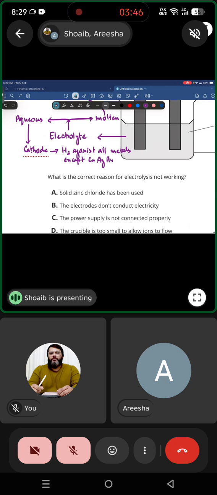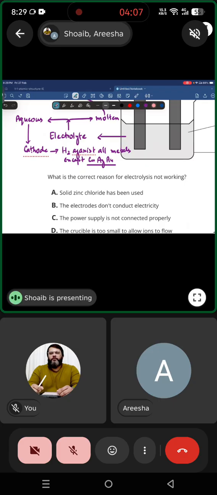If copper, silver, or gold salt is present in the solution, then the solution will not give off hydrogen gas. The cathode will give you the copper, silver, or gold. Clear?